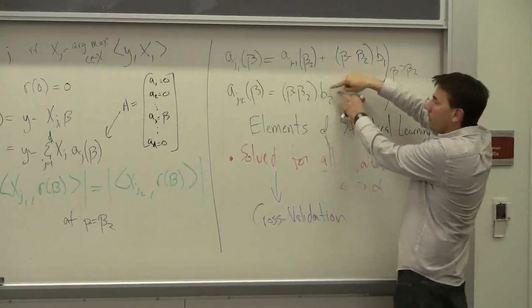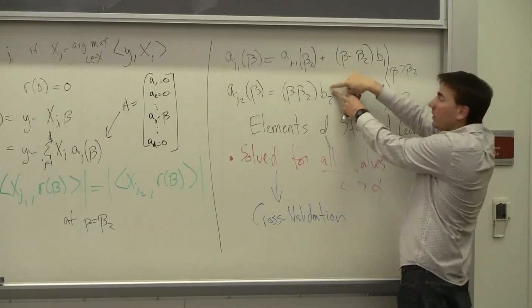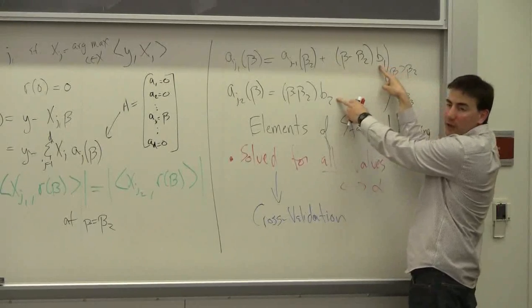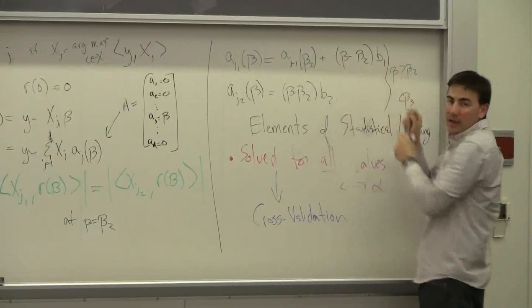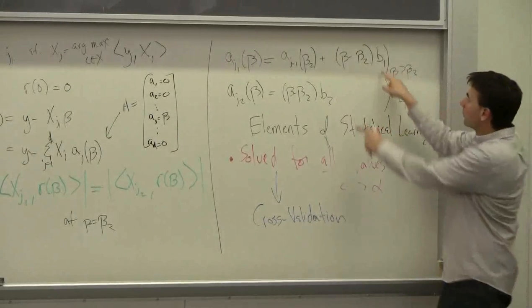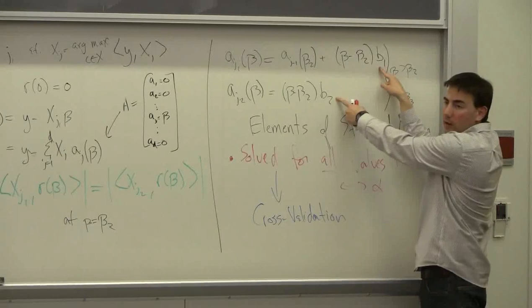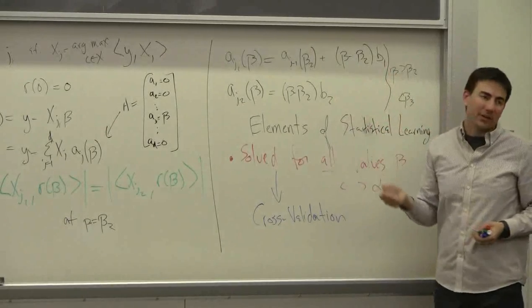Initially, when you just have 1, this coefficient is 1, and then these coefficients have a sum equal to beta, right? Oh no, these coefficients have a sum equal to 1. Well, one of them might be actually negative.